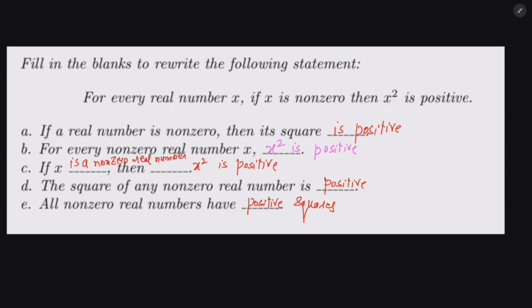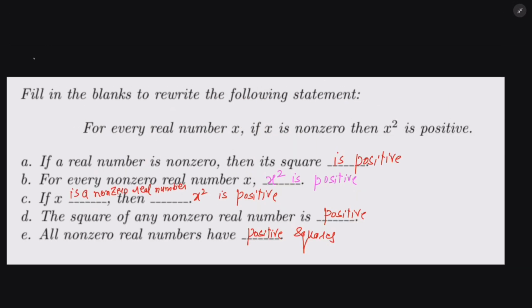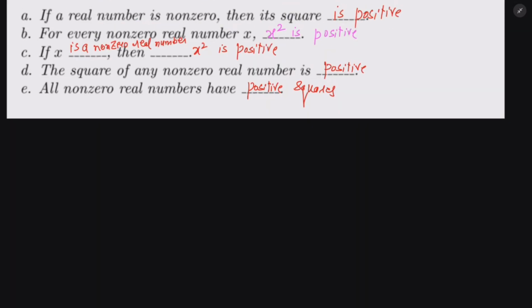So here, from this example, we learn how one statement, which is a universal conditional statement, can be written in different ways. Let me just write this in a more mathematical way.